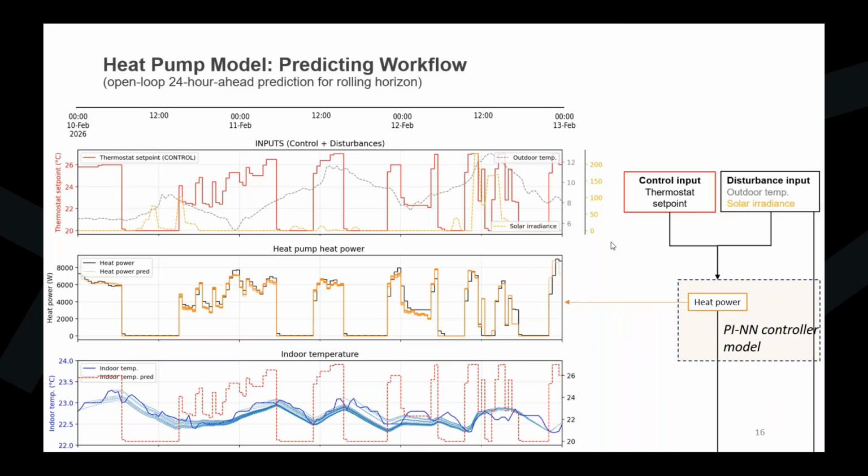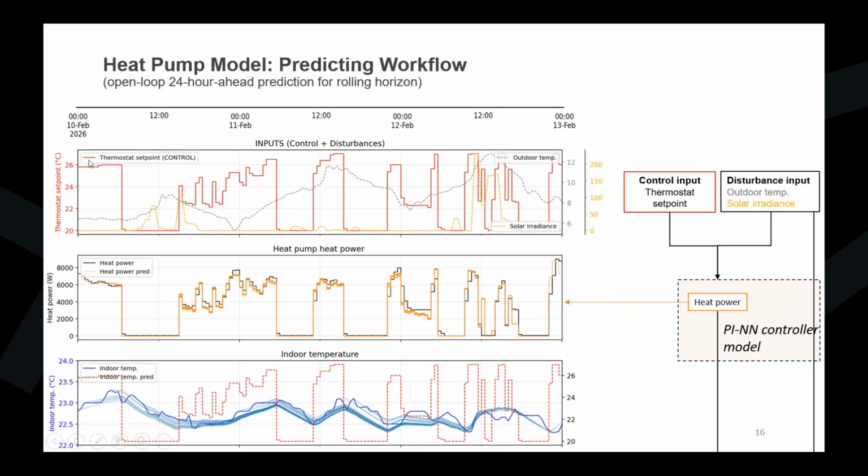Now here I show the prediction workflow of the model. Specifically, we show open loop 24-hour ahead prediction for a rolling horizon. In the top panel, we can see the inputs. The full red line represents the thermostat set point. We can see that from the 26th February to the 13th February, we actually performed a lot of modifications of the thermostat set point in order to validate the model and do certain experimentation.